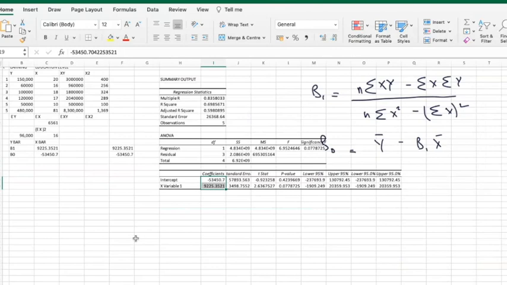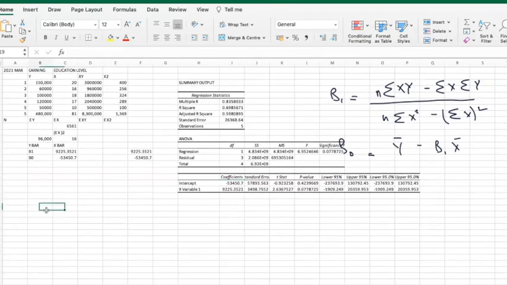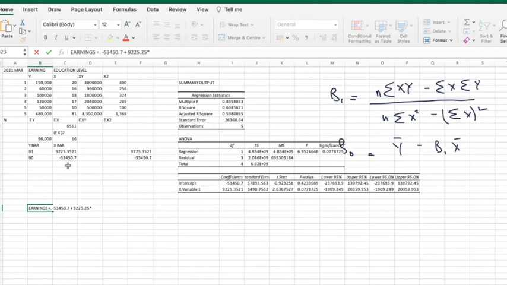Now that you have this with you, now this is what your predicted equation looks like. You're like y is equal to minus 5.34505 plus beta 1, 5.35 times your education.